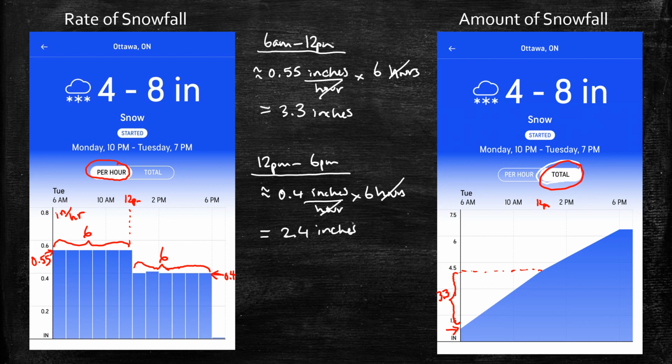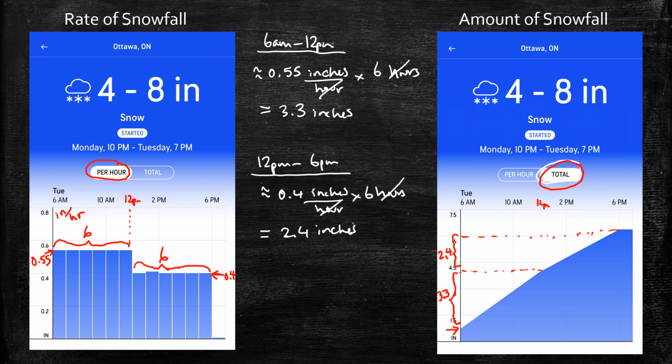So where do we see 2.4 inches? Well, that looks like it goes to 6 p.m. Sorry, my horizontal line is not the best. So this looks like 2.4 inches, a further 2.4 inches was predicted to accumulate in the next 6 hours.